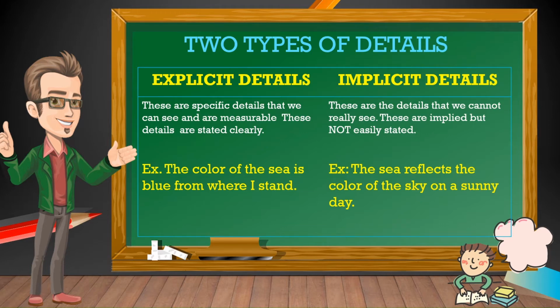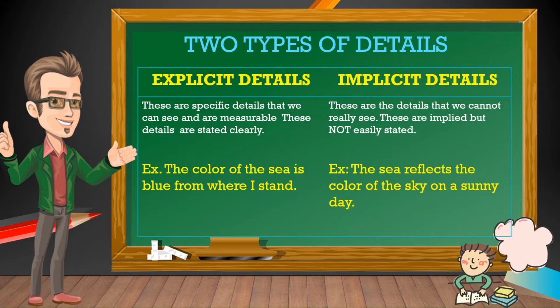On the other hand, implicit details are details that we cannot really see. These are implied but not easily stated. Here is an example of a sentence that has implicit details.